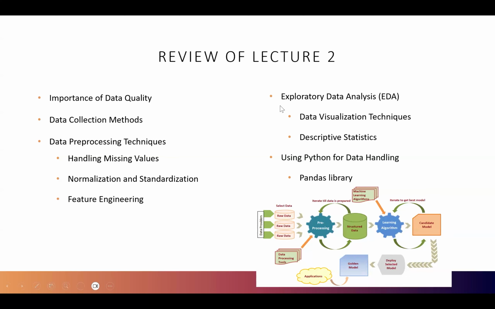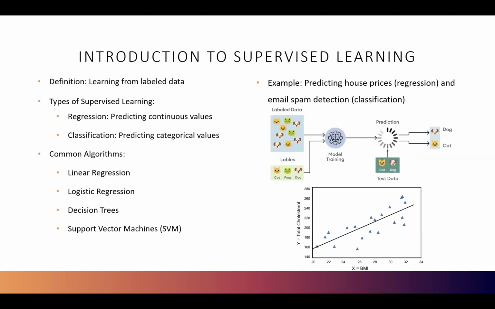Okay. So what is supervised learning? Supervised learning in very simple terms is learning from labeled data. So what do I mean? The most common example is house pricing. Usually house pricing is a function of, or is dependent on, location, size, and age of the property.